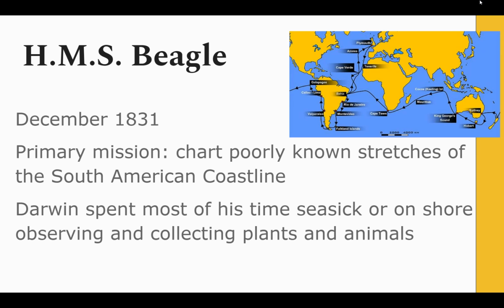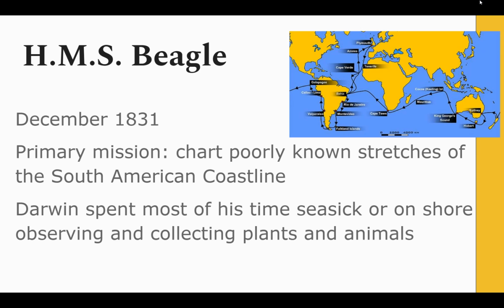Went down to South America, around, hit up Australia, South Africa, and back up to England. So its primary mission was to chart the shoreline to kind of help people navigate that in the future, make maps, all that fun stuff.